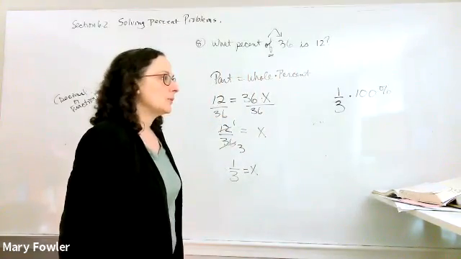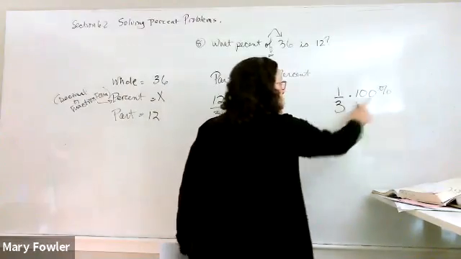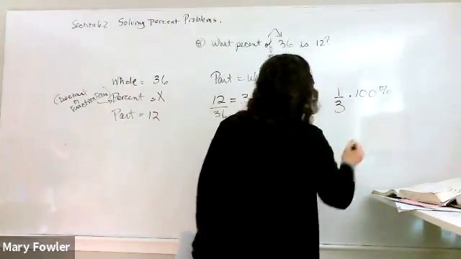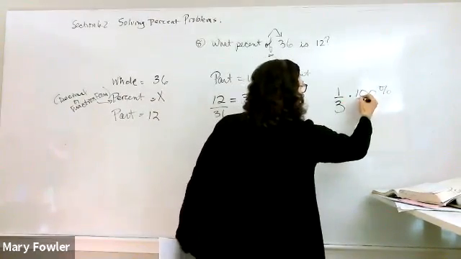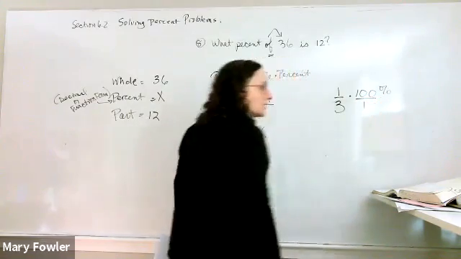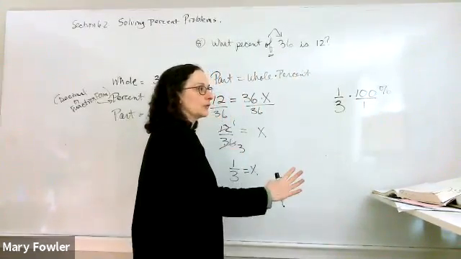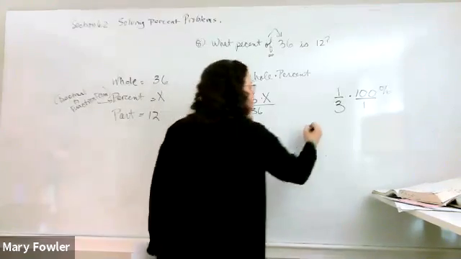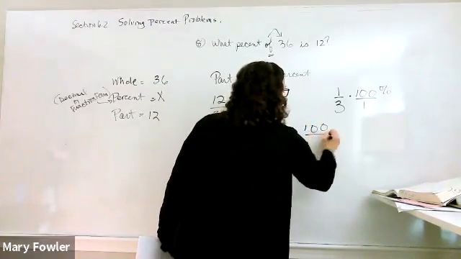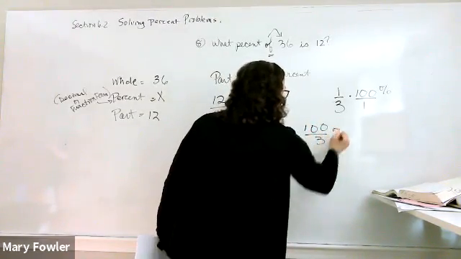So we have 1/3 times 100%, and we're going to convert that 100 to a fraction as well, so we could do this fraction multiplication. So we get 100 over 3%.